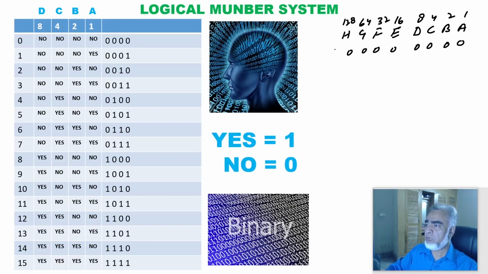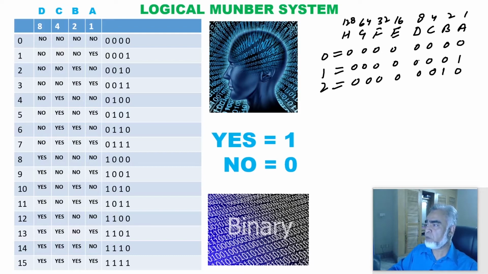If all these variables have the value 0, then we will have the equivalent number 0. And if A is 1 and the rest of the variables are 0, because the weightage of variable A is 1, we will have 1. Similarly, if all the variables are 0 and only B is true, then the equivalent number in decimal will be 2, because 2 is present and the rest are not.